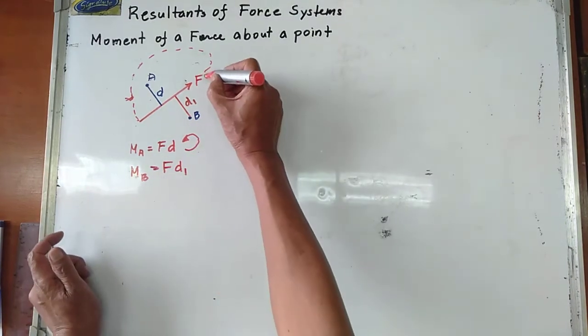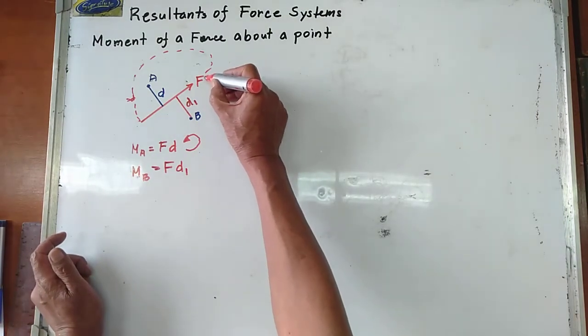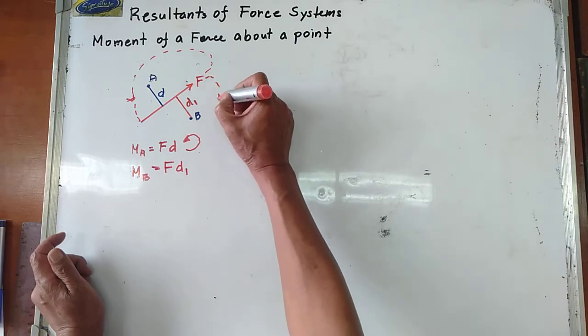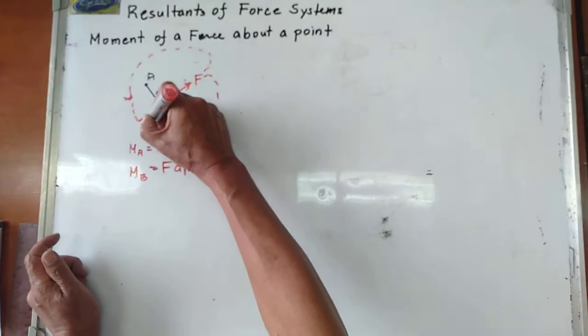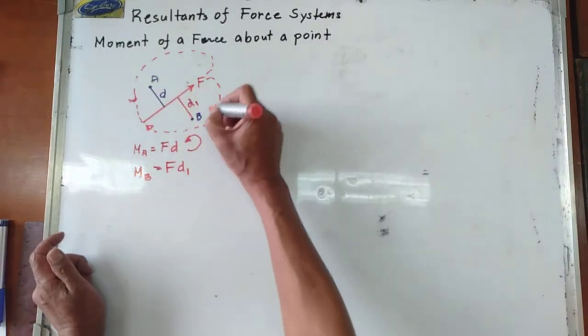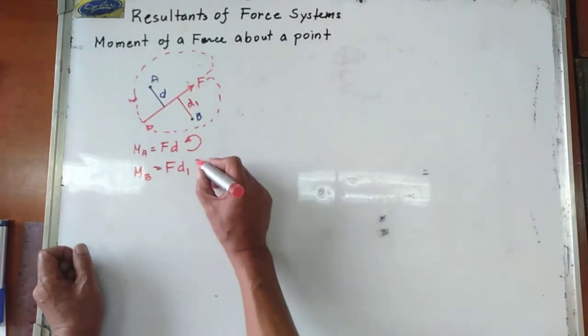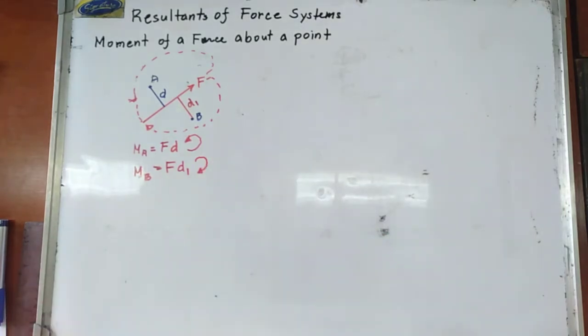You try to take note in here now that the direction of this force about point B is now going clockwise. So the direction of that moment is now a clockwise moment.